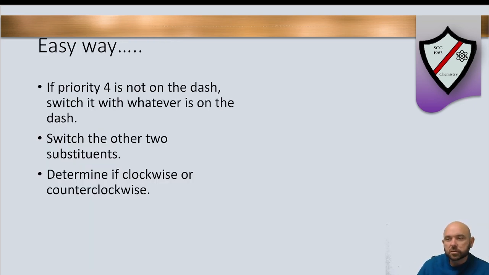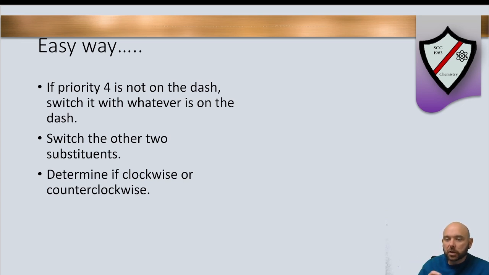So I saw this shortcut in this text, and it was the first time I had ever seen it, and it really does make assigning R and S much easier than the way I was taught back in the day, which was what you saw on the previous slide. You got to switch it around, redraw it, and all that kind of stuff. The easy way to do this, the shortcut way, is go ahead and assign all of your priorities in the molecule.